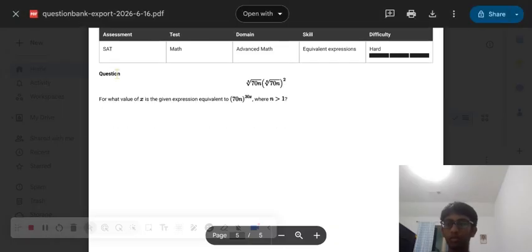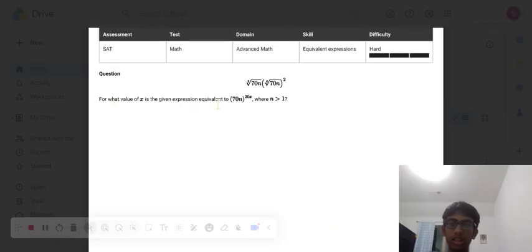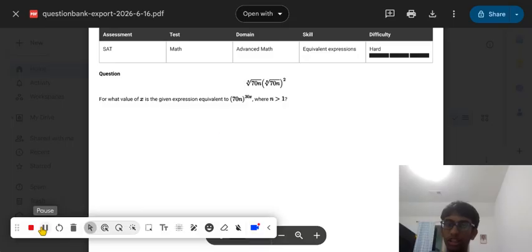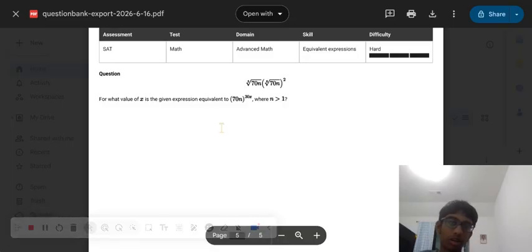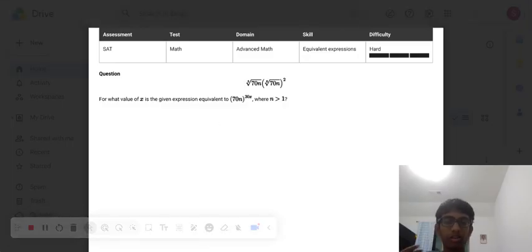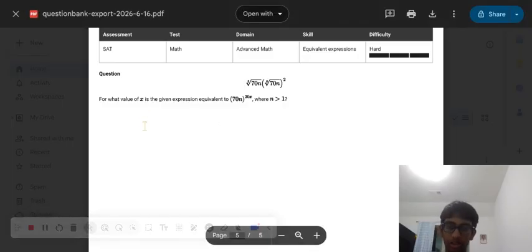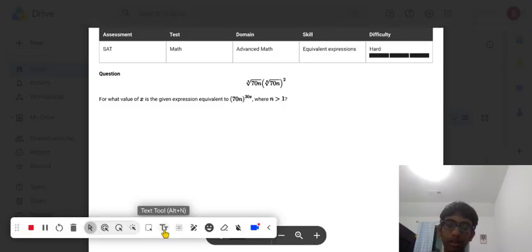It is, for what value of x is the given expression equivalent to 70n to the 30x, where n is greater than 1? What we'll need to do is, again, turn each of the radicals into fractional exponents.